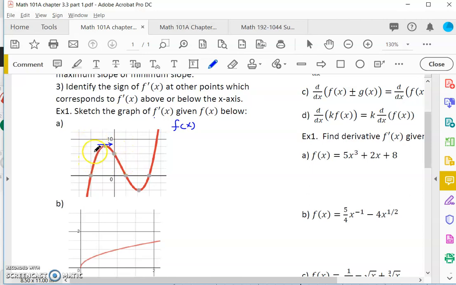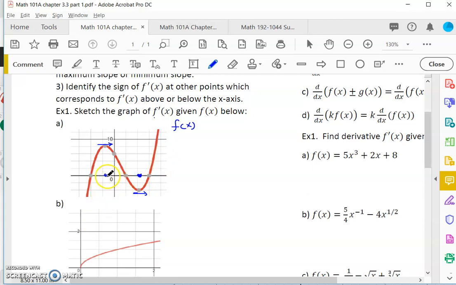It was going in this direction, the tangent line is going this direction here, and this is going down, and then all of a sudden it turned up. So at the maximum or minimum point, the slope of the tangent line must be 0. So we mark 0 here, and we mark another 0 here.